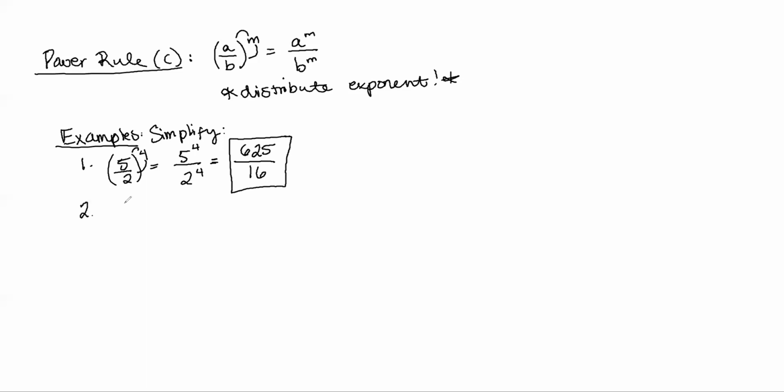Number 2, same thing if we have variables, so p over q in parentheses squared. We're again going to distribute this in, so we get p squared over q squared. And sometimes with these, it's kind of hard to tell when to simplify or when you should be done simplifying.